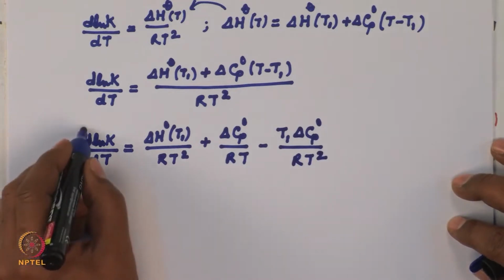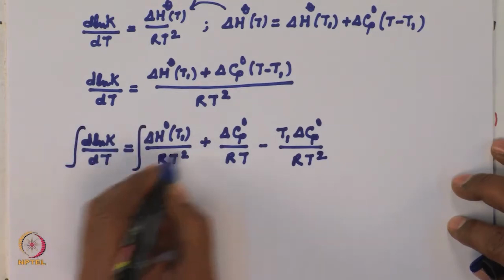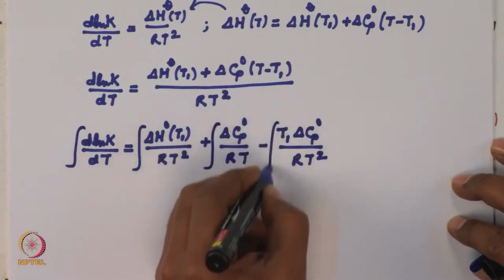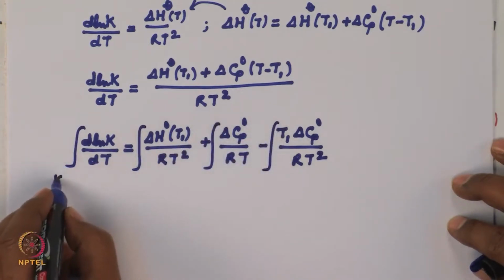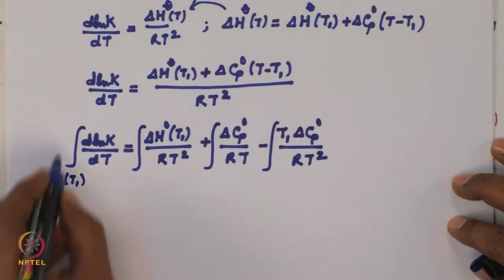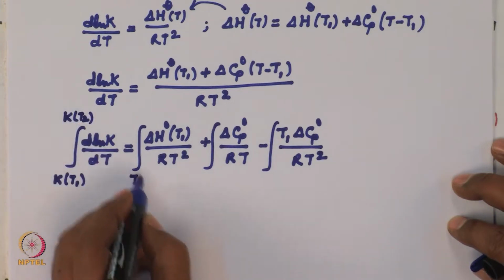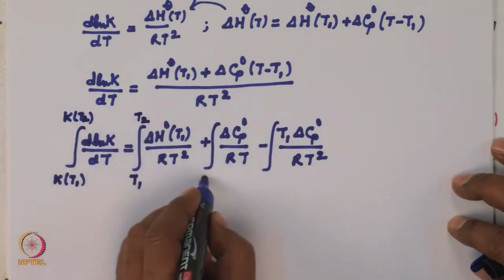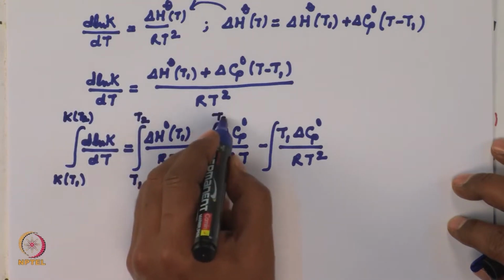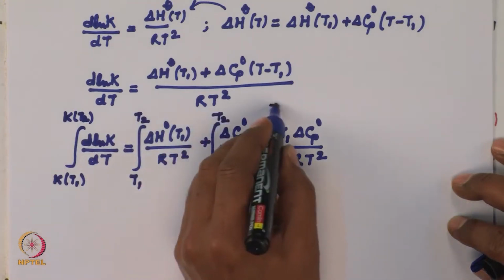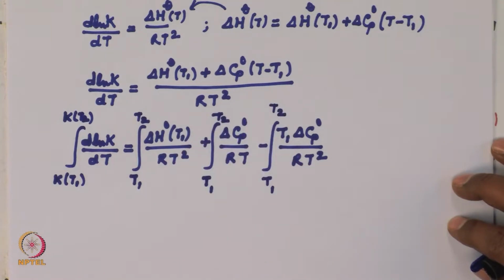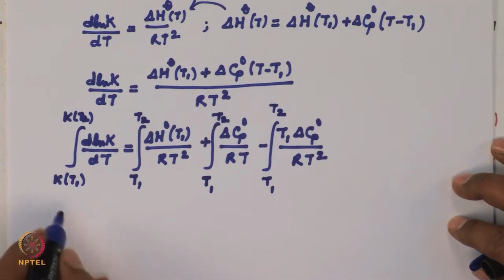And I can integrate this, K from K at T1 to K at T2, T from T1 to T2. And what do I get?